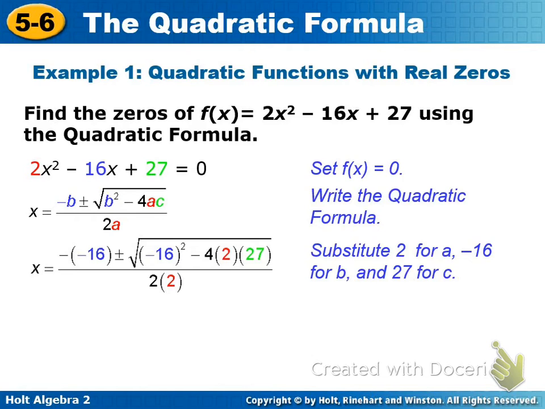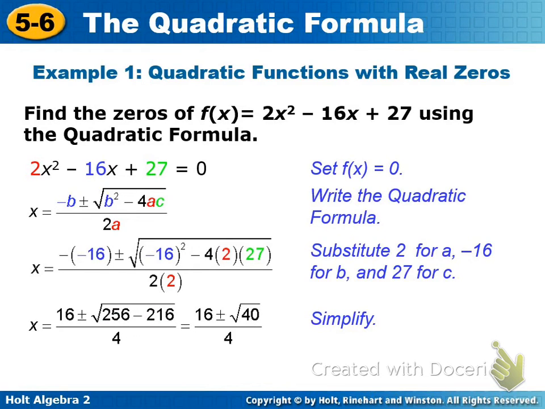So we look at the inside, and we simplify that. Here's your 256. We multiply those together. So you would multiply the negative 4 times the 2, which would be negative 8, and then negative 8 times the 27 gives you a negative 216. So simplify that even further, and we get the square root of 40.